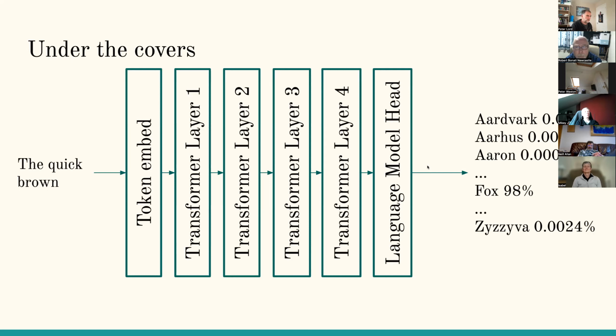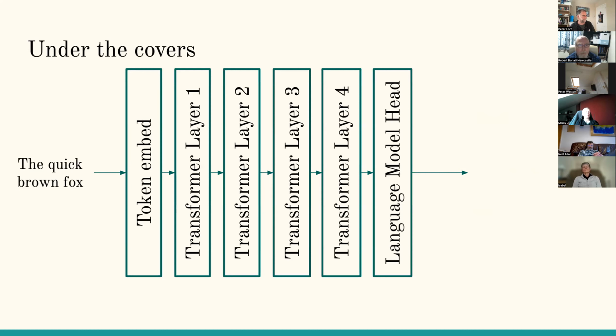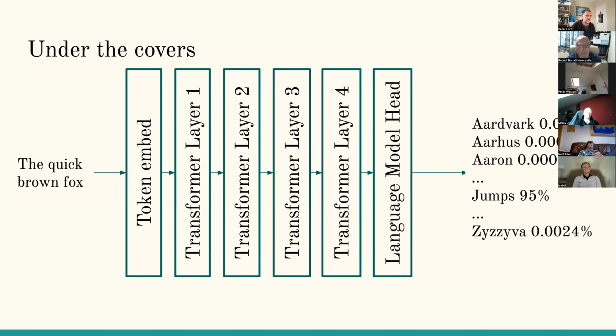So this large language model has said the probability of the next word being aardvark is 0.001%. The probability of the next word being fox is 98%. So it takes the word fox, sticks it on the end, and then reinserts the new updated sentence back into the model again, and we get our output.